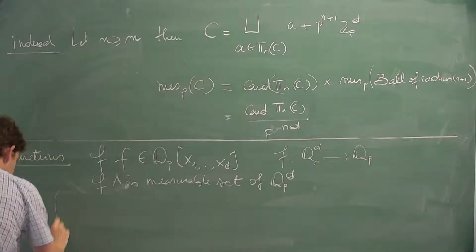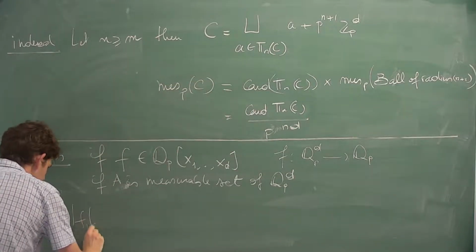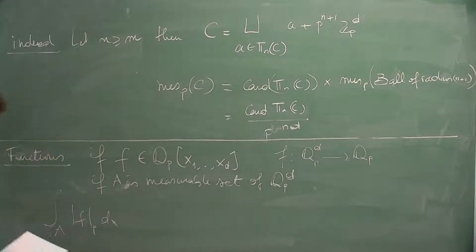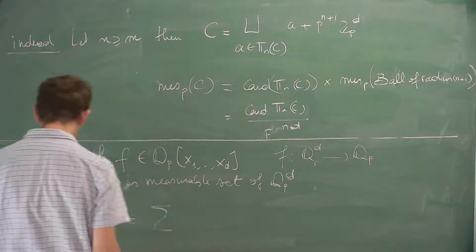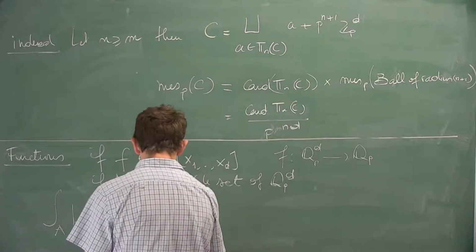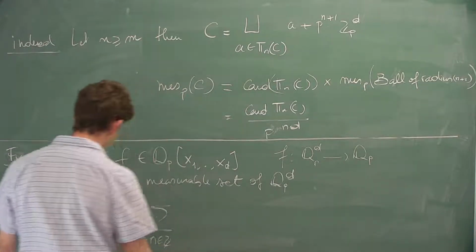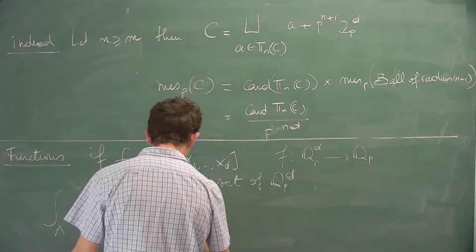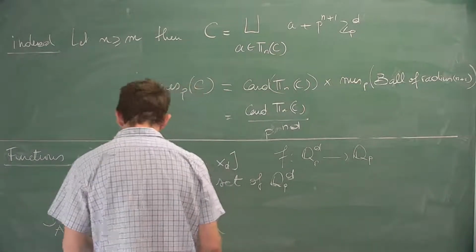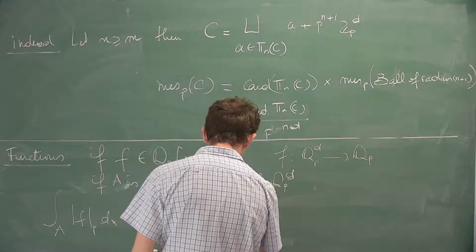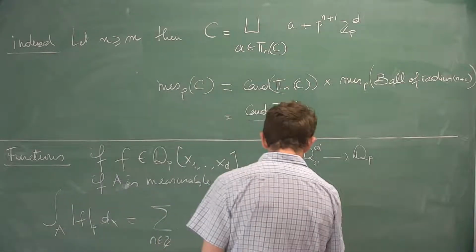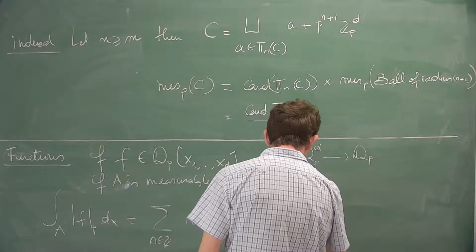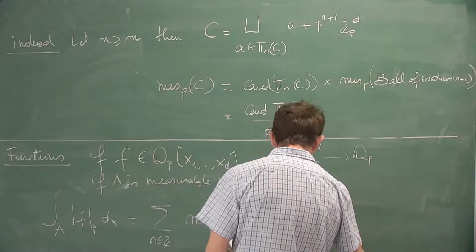you define the integral of the absolute value of f over A as what you imagine: the sum over integers n of the p-adic measure of the set of points with the order of f fixed equal to n.